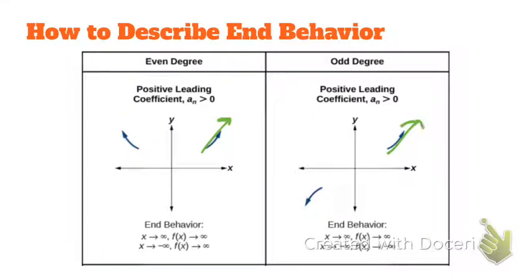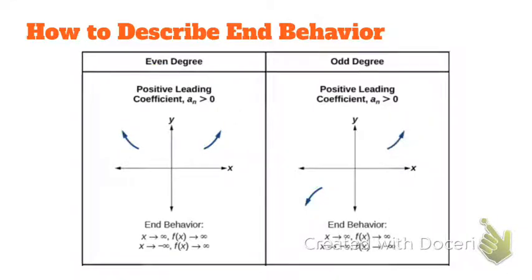Same thing for an odd degree polynomial, as long as the leading coefficient is positive. So the positive leading coefficient is going to tell you what's happening to the right, and then the degree is going to tell you what happens on the other side. So even, it's going to go in the same direction. Odd is going to go in opposite directions.